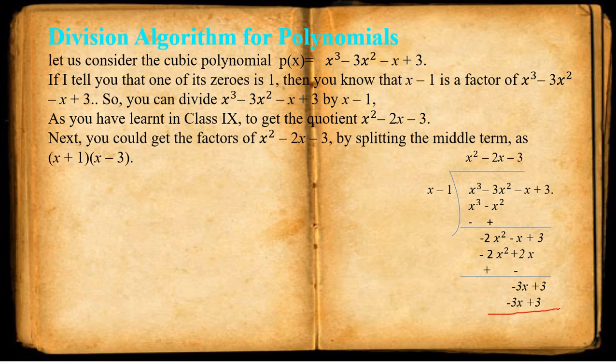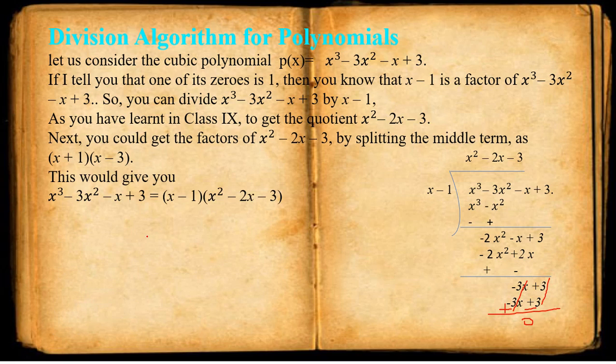When we subtract here, this sign will change to plus 3x and this sign will change to plus 3. So minus 3x and plus 3x cancel, and plus 3 and minus 3 becomes 0. So here we get remainder 0. That means we can write this polynomial equals x minus 1 into x square minus 2x minus 3.